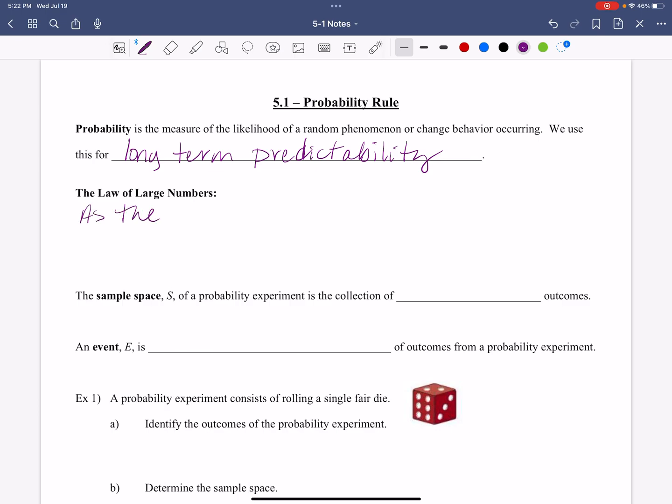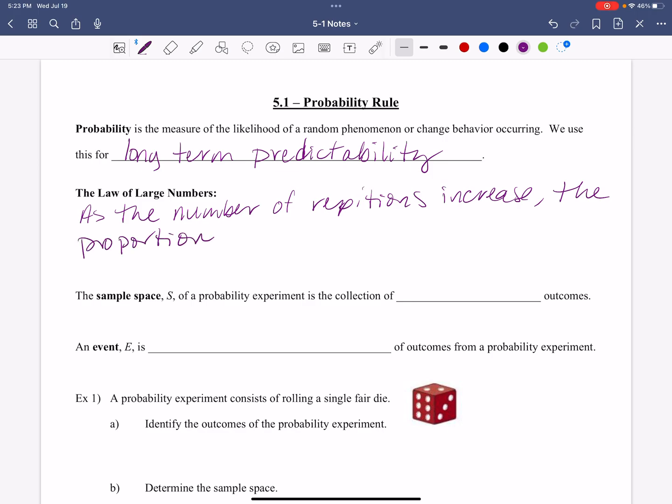As the number of repetitions increases, the proportion gets closer to the outcome. Moral of the story, do it a bunch. Do your experiment lots and lots of times. The more times you do it, the more accurate the data becomes.